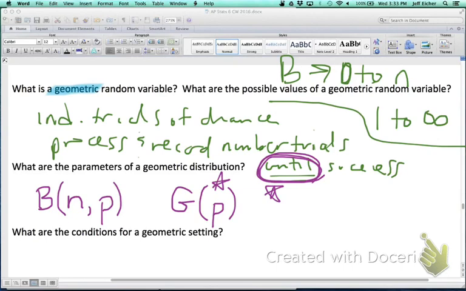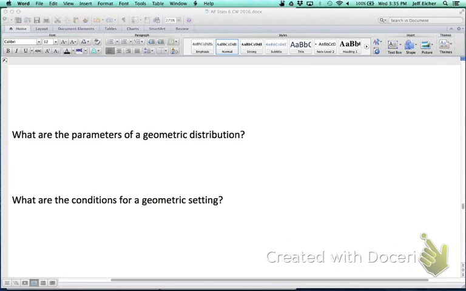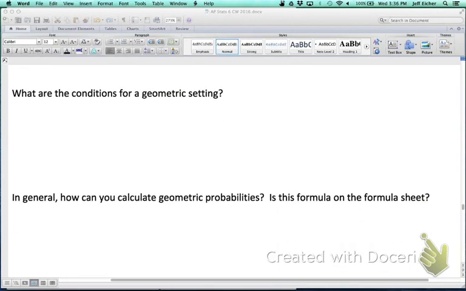Some other ways to tell that it's a geometric setting are these 4 conditions, and they should sound very similar. B, it should be binary. There should be failure and success. So I'll just do S or F. Failure or success. Just two outcomes.